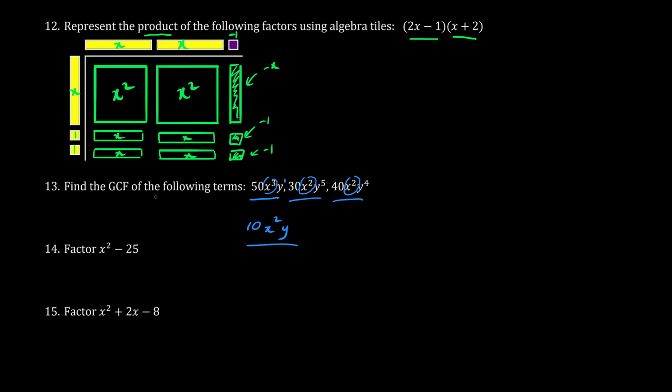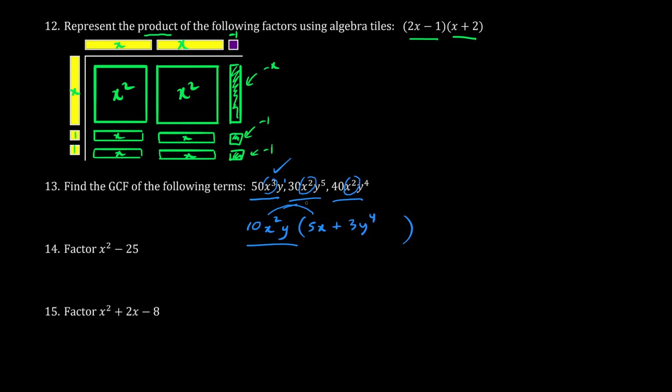And by the way, the GCF relates to factoring. If we were to factor this, let me just put a bracket here. 10x squared y times 5x, this times this becomes the first term. 10x squared y times what? Positive 3y to the 4.